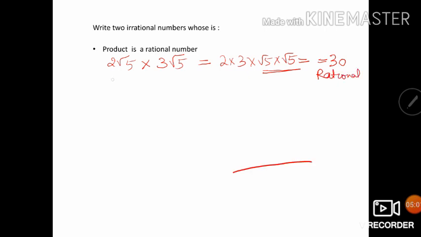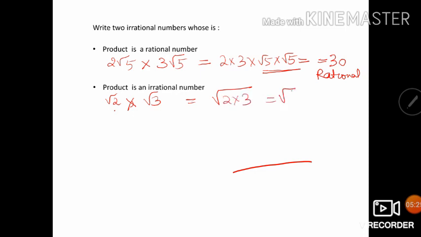Now let us find two numbers such that the product is an irrational number. For this, let's say two numbers are root 3 and root 2. So finding the product, this will be under root 2 into 3, which is root 6, and this number is irrational.